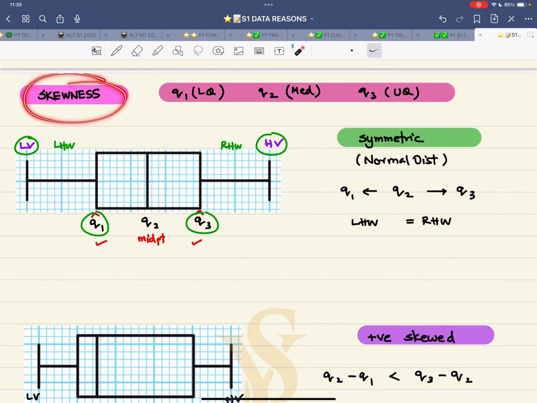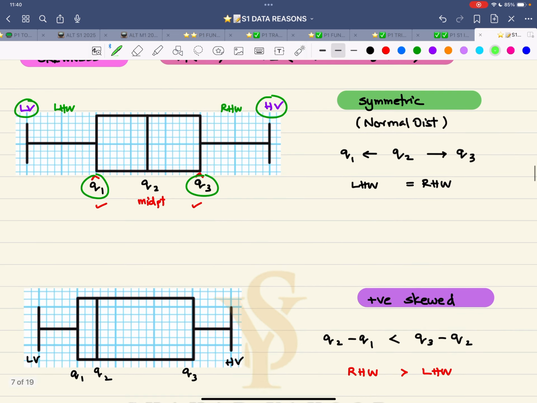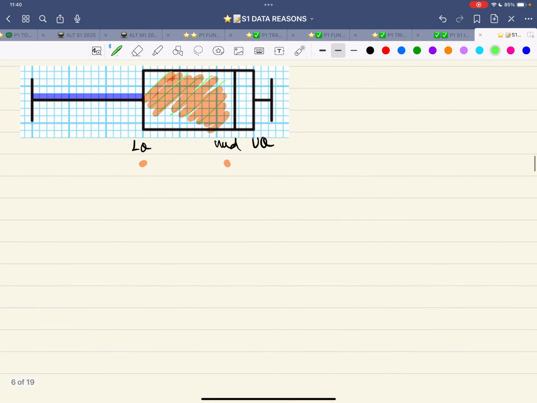Now, we are talking about skewness. What is skewness? Skewness is highest value minus the right hand whisker, which is Q3, highest value minus the upper quartile, that is the length of the right hand whisker. So let me write over here, right hand whisker.